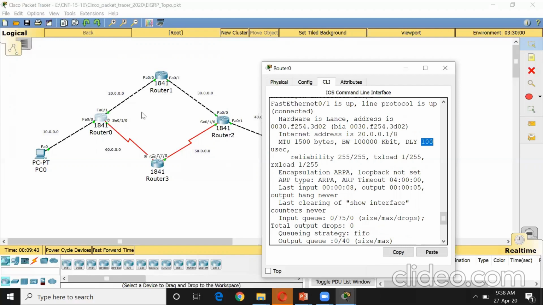Are you getting it? Here, 10 raised to 7 divided by least bandwidth. Least bandwidth means both outgoing interfaces have the same bandwidth, that is 1 lakh. So 10 raised to 7 divided by 1 lakh, we'll get 100, plus the cumulative delay. The delay at this interface is 10, and this interface is 10. So 10 plus 10, 20, right? So 120 into 256.